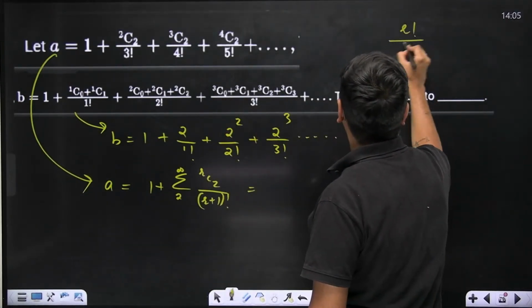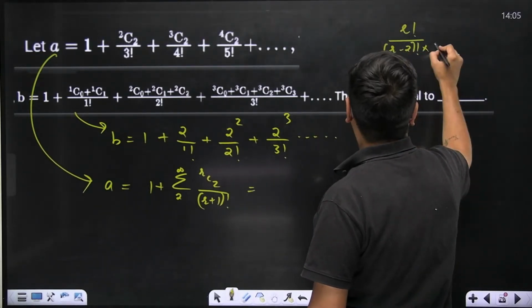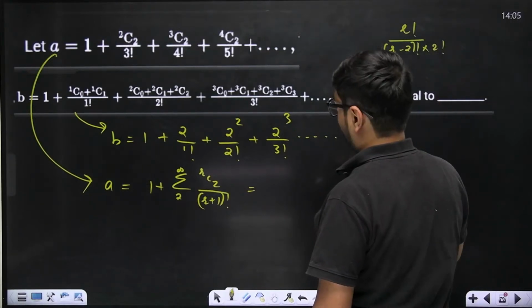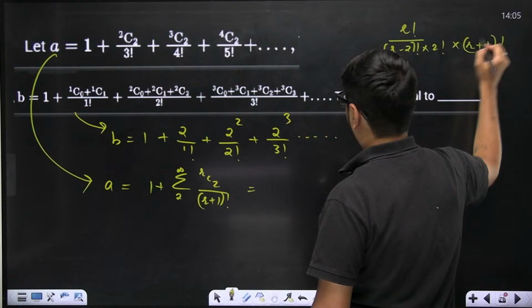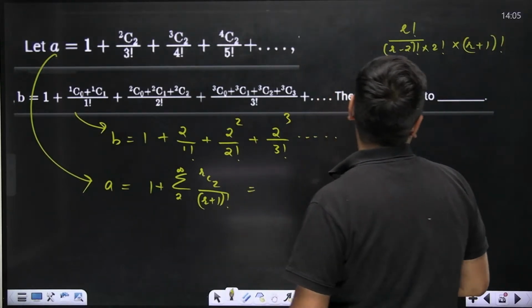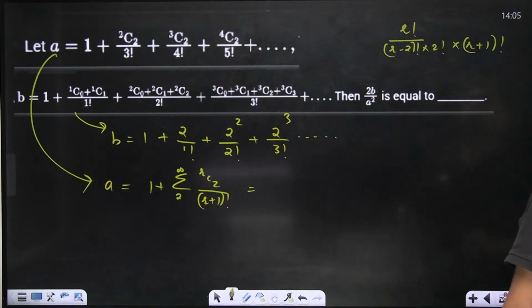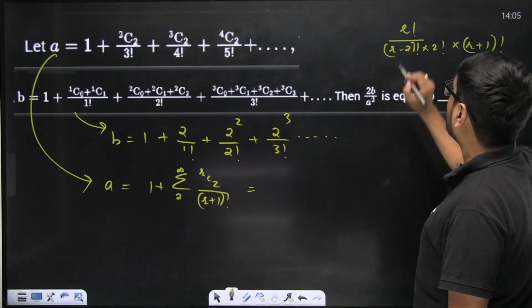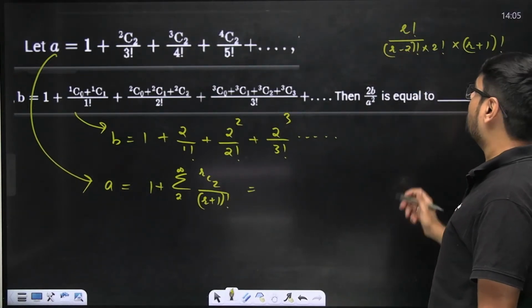R factorial divided by R minus 2 factorial multiplied with 2 factorial, multiplied with R plus 1 factorial, right? This is what it will become. Let's cancel from here. R into R minus 1 into R minus 2 factorial.